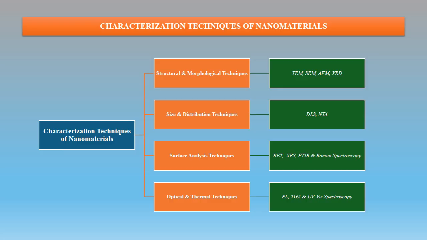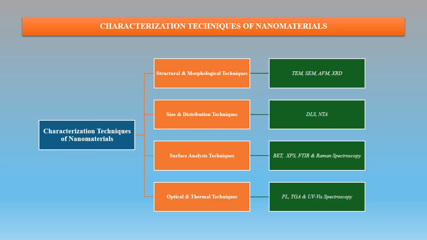The characterization of nanomaterials can be classified in various categories. For structural and morphological characterization, we use techniques like TEM, SEM, AFM, and XRD. For size distribution, we use techniques like DLS or NTA.